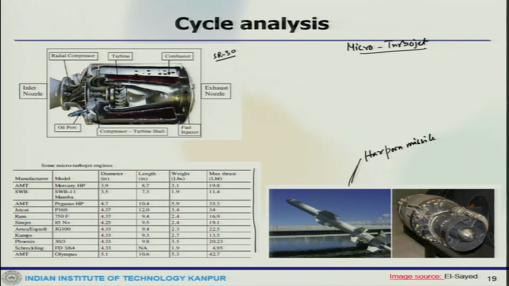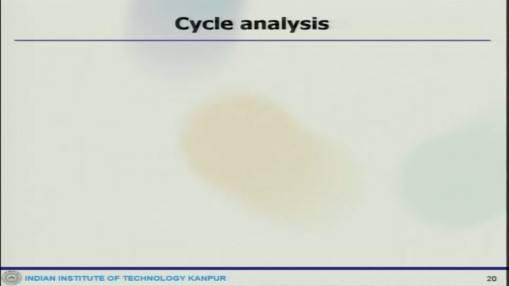Now, with that we will move to the turbofan. This is the engine where, as we have already seen in multiple examples, there is a fan associated. So with the turbojet we have added a fan, and this fan is going to have some bypass.